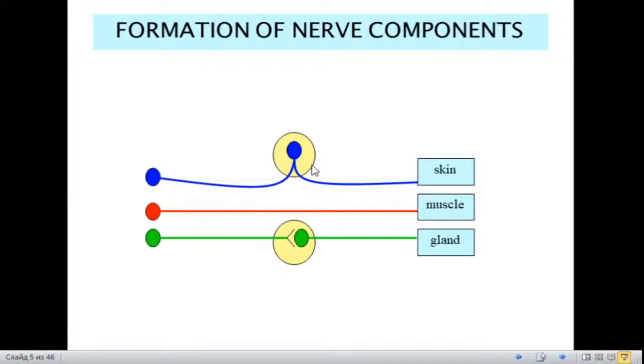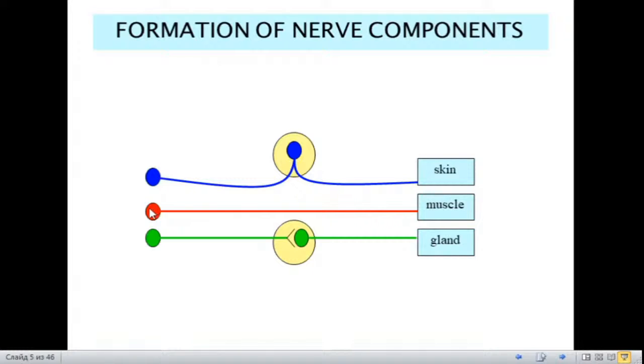In our case, in ganglions of cranial nerves. And as you can see, this ganglion contains the cell body of a pseudo-unipolar neuron. It has a single process just after origin splitting into two. The peripheral one goes to skin, where it terminates as receptors, and the central one goes via the trunk of cranial nerves towards its sensory nuclei placed in the brainstem.